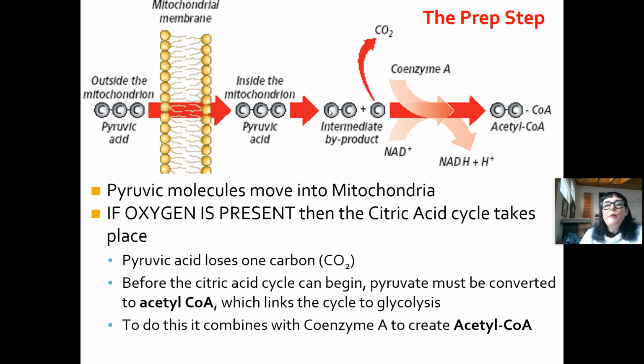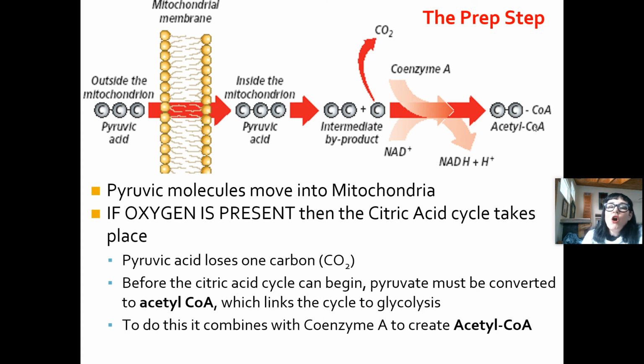So once this byproduct, and we're not even going to name this one because I don't want you getting bogged down in that, is formed, it is going to be added to a coenzyme A. Coenzymes are wonderful little things, and this coenzyme bonds with this to make acetyl-CoA. What does CoA stand for?